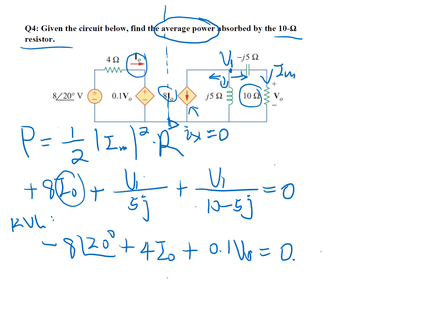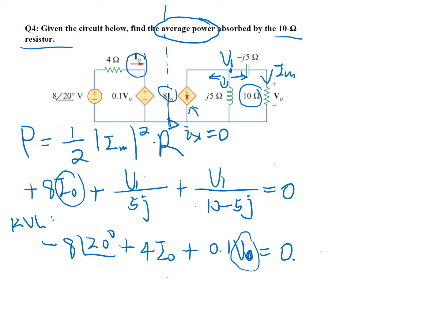Well, now we can see that we introduce a new variable, that's V0. V0 is the voltage across the 10 ohm resistor. Is there any way that we can express V0 by using the variables that we know, what we want to calculate?